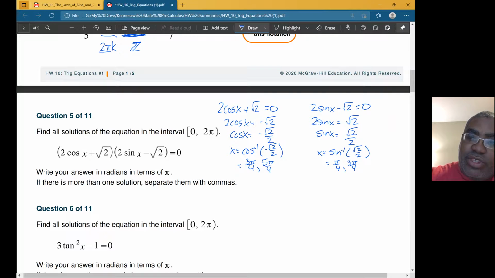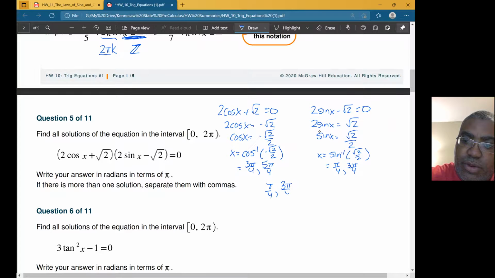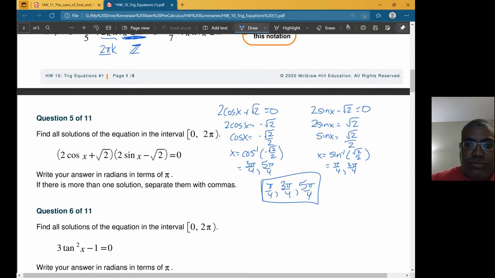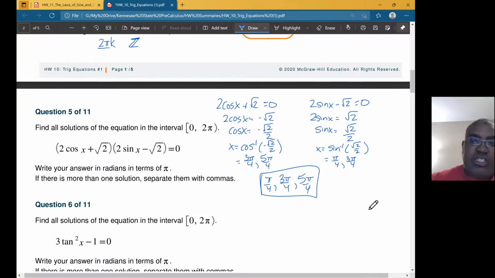So the total answer to this is pi over 4, 3 pi over 4, and 5 pi over 4. Pretty straightforward. But this is showing the concept of telling multiple answers, which, again, we're going to need. Let us continue.